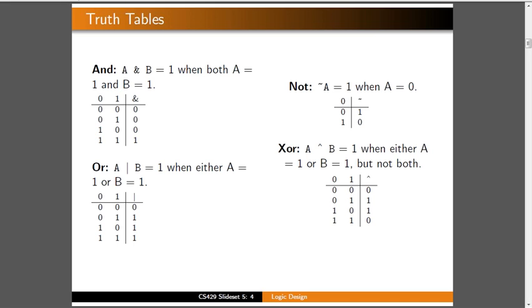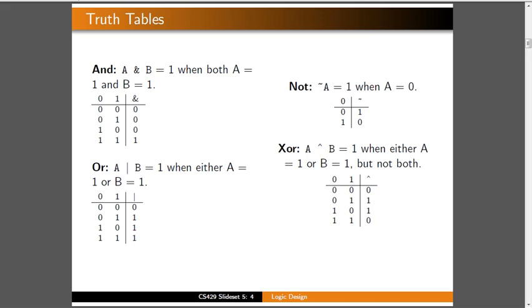Then this is the logic gate. For 0 0, the output is 0, meaning both values are not ones. For 0 1, only one input is 1, the other input is 0, so the output is 0.